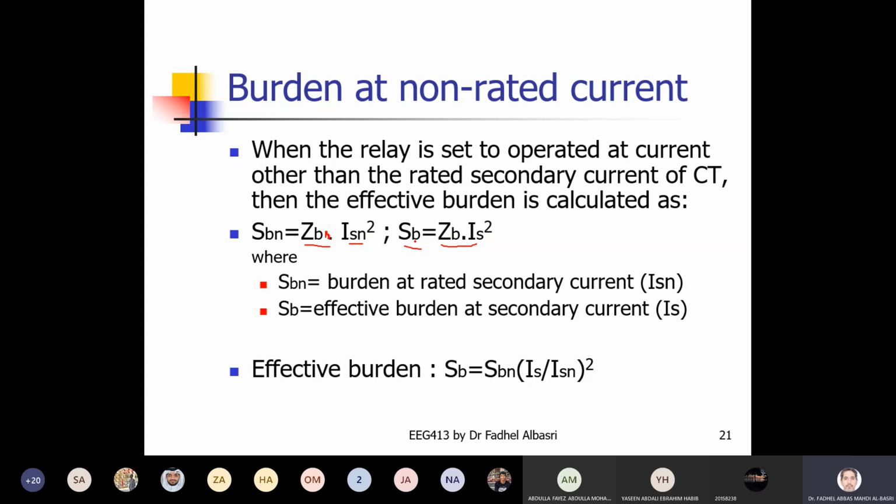If we equate both equations for Z_B, I can find S_B as S_BN times I_S over I_SN, squared. So if I_S is the same as I_SN, the burden is the same as the nominal burden. If you choose a current lower than the rated current, the burden will be lower than your standard burden, and so forth.